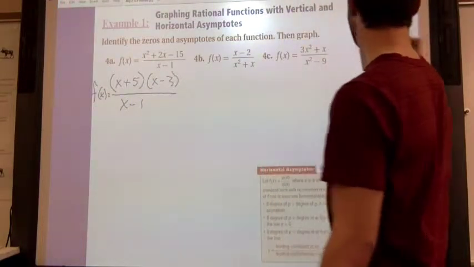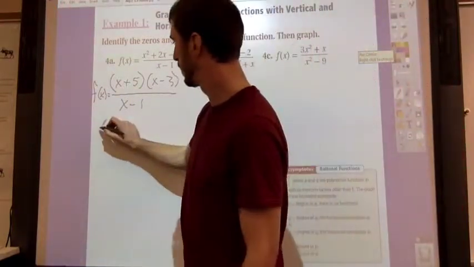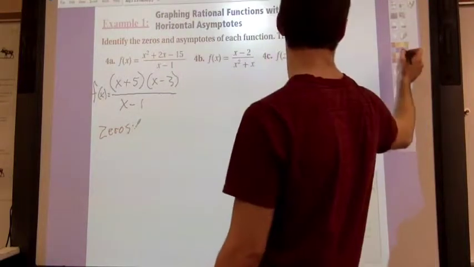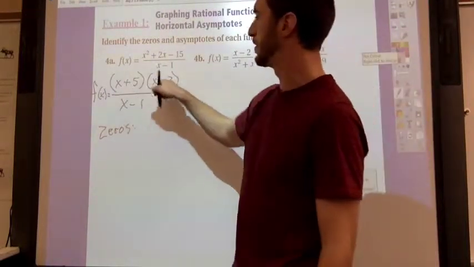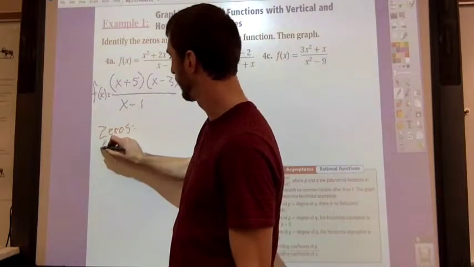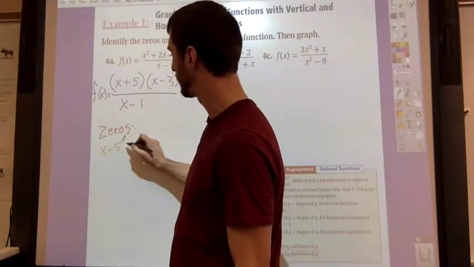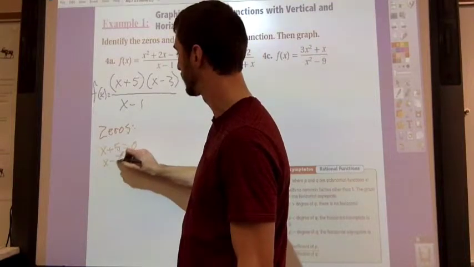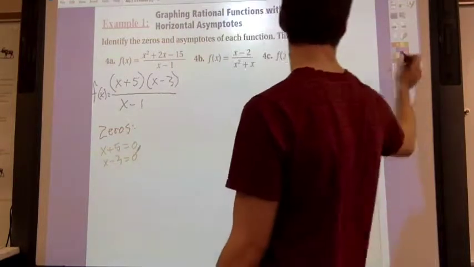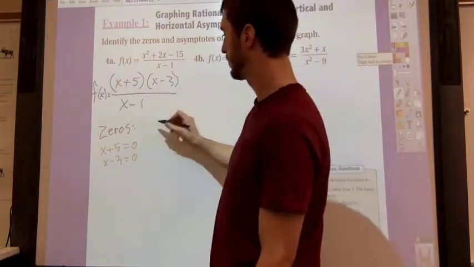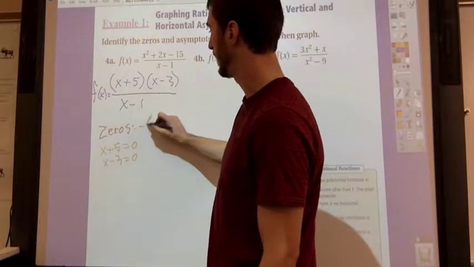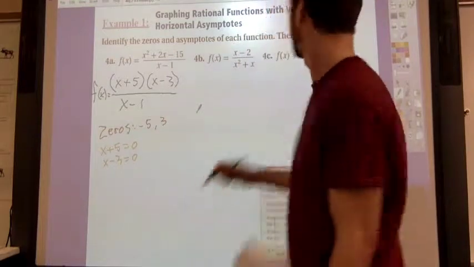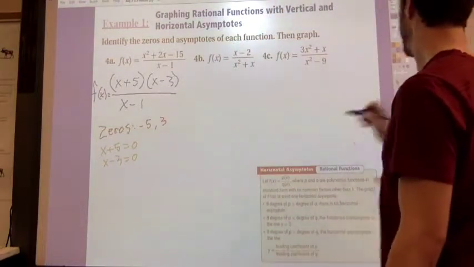So my zeros, I'm going to take the two factors of my numerator, x plus 5, and set that equal to 0, and x minus 3 and set that equal to 0. And for my zeros, I'm going to get negative 5 and positive 3.